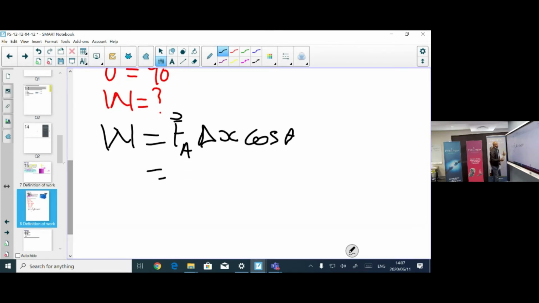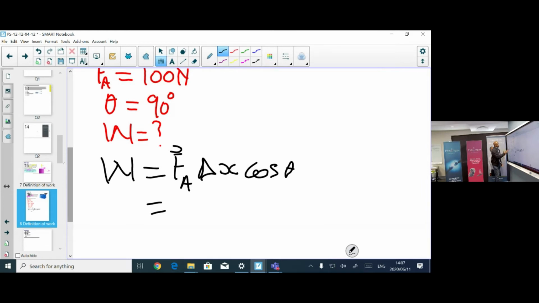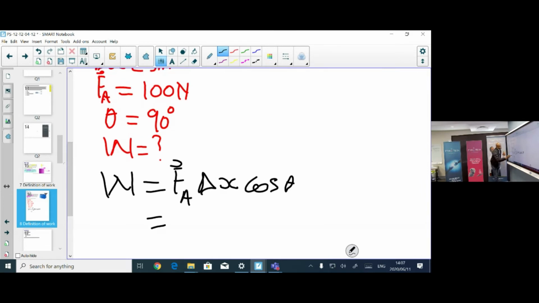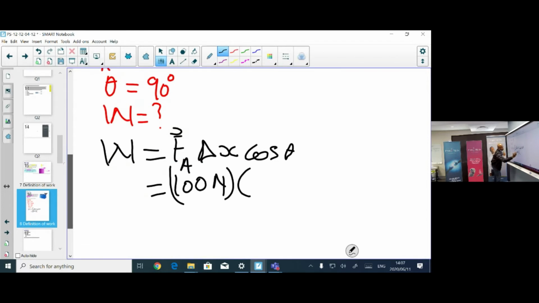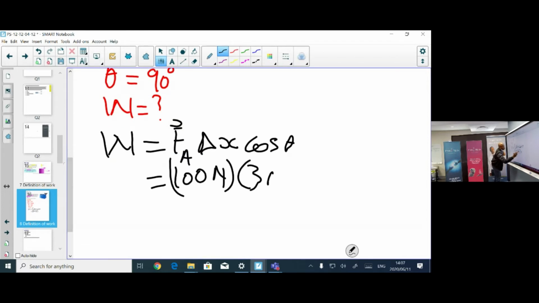Okay, what do we have? We have to substitute whatever is given into our formula. We have applied force, which is 100 Newton, and then displacement, we have 3 meter there. That is 3 meter.